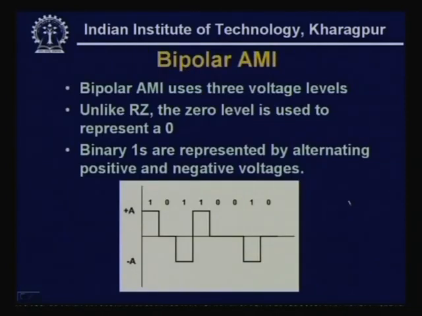It uses 3 voltage levels: plus A, 0 and minus A. And unlike return to 0, the 0 level is used to represent 0 here. In case of RZ encoding, the 0 voltage level was not representing either 0 or 1.